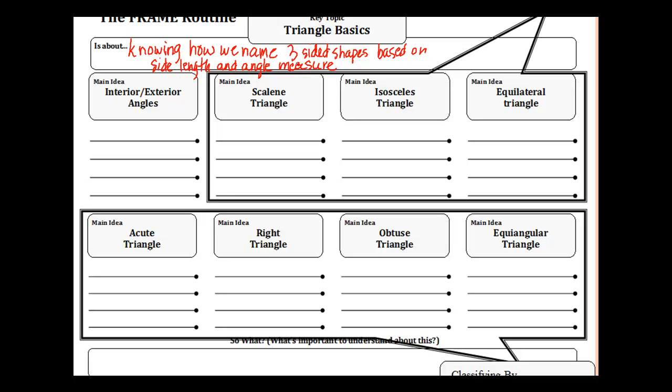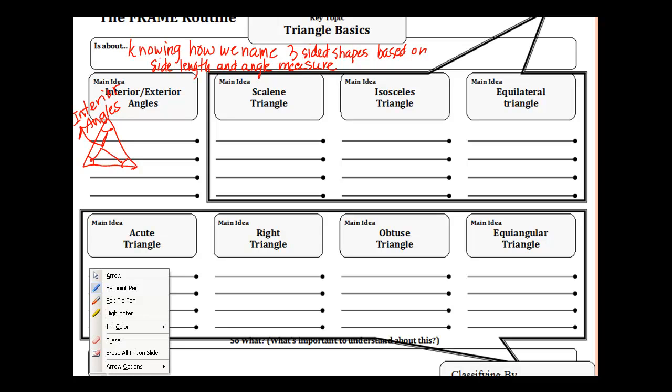So first of all, we have to know interior and exterior angles. If I have a triangle, these three angles are all called interior. The word interior means inside angles, so those three angles would all be our interior angles.